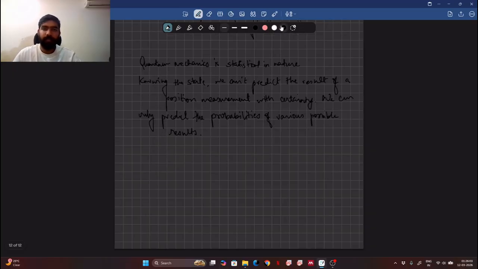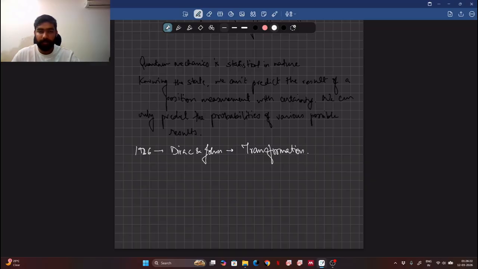Then in 1926, Dirac and Jordan came up with transformation theory, which is a generalization of matrix mechanics and wave mechanics.